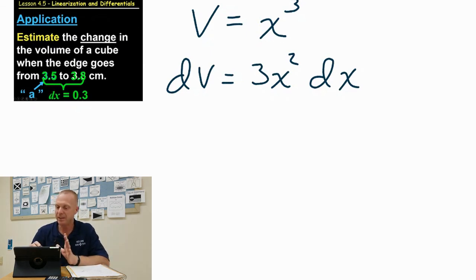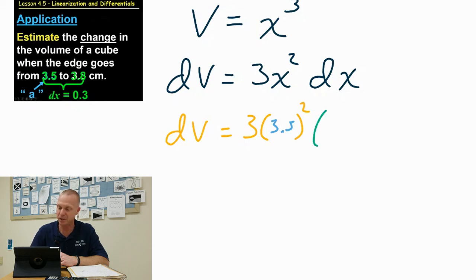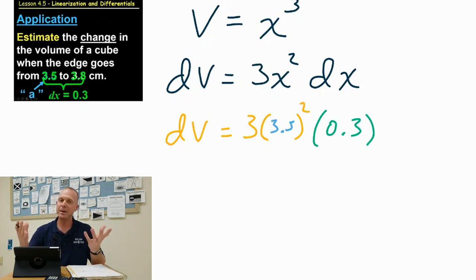Take a look. The whole idea here is that this formula is awfully simple because it only requires you to have a starting value. I think we figured out that the starting value is, remember, 3.5, and it requires me to have a change in my x value. And we decided that the change in x value is 0.3. The whole idea with the differential is that it's supposed to be easy to find because you just plug into the formula.